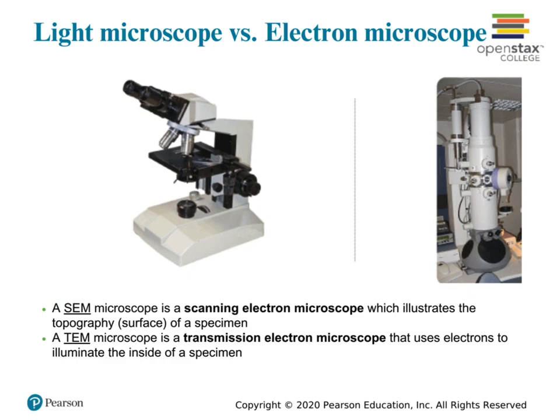So here's an example of, again, that regular light microscope you might see in a lab on the left, and a picture of an electron microscope on the right. Again, there is a TEM and SEM microscope that we consider electron microscopes. The scanning electron microscope will give you a better idea of the surface structure of a specimen, and the TEM, or transmission electron microscope, would actually illuminate more of what's inside a specimen.